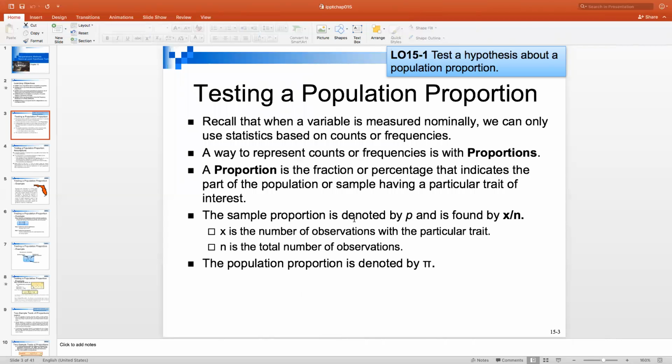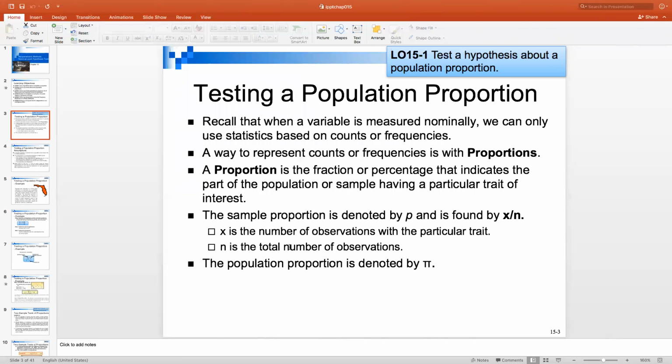So a sample proportion, denoted as p, is found by x over n. x is the number of observations, the number of people who like the color blue, and n is the total number of observations, so the total number of people.